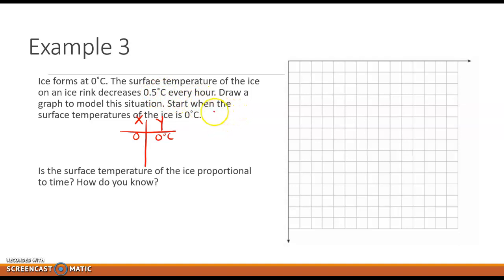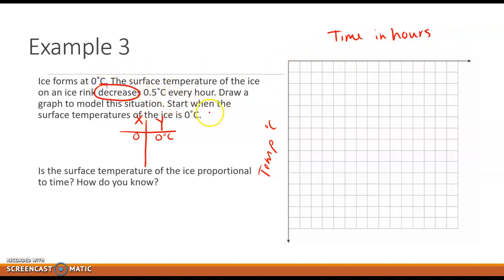And so we'll say that our X value is time in hours, and our Y value is temp in degrees Celsius. Now if you notice, we're in the fourth quadrant here. We have our positive X values, but our negative Y values, and that's because we're decreasing, right?